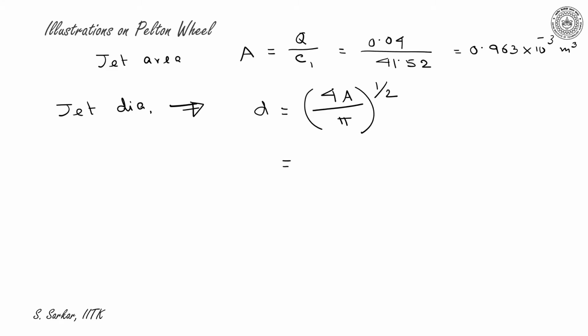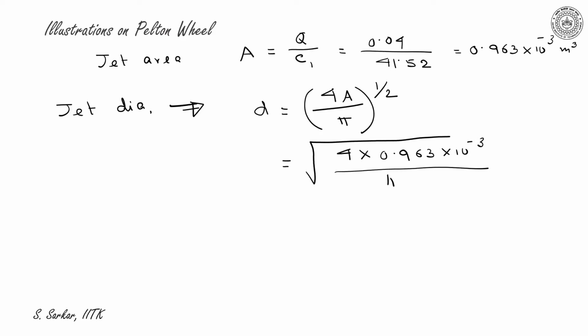So that is equal to root over 4 into the area I have evaluated, 0.963 into 10 to the power minus 3, divided by pi. If you do this calculation, you will get 0.035 meter. So I have evaluated the jet diameter.